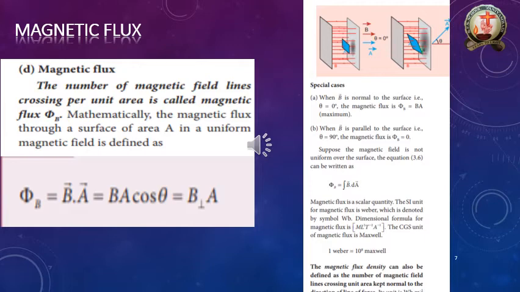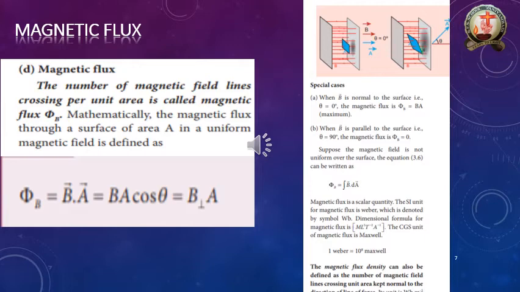Now phi suffix B is equal to BA cos theta. In the place of theta I will substitute 0. Cos 0 value is 1. So phi suffix B is equal to BA, BA into 1, BA only. That is the magnetic flux value.